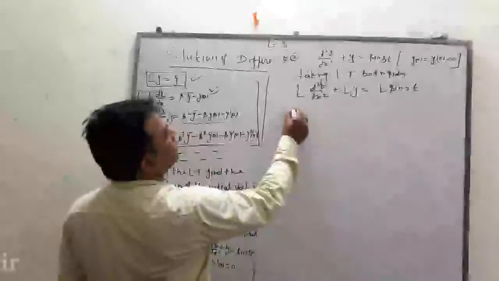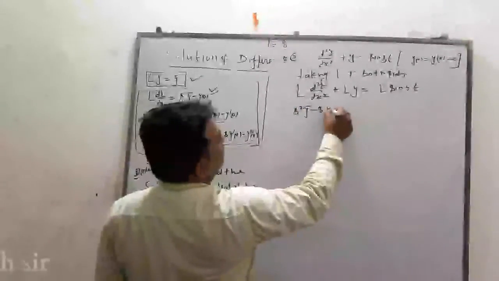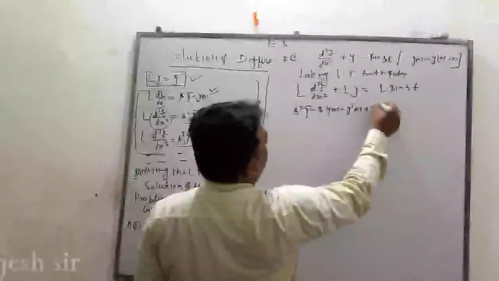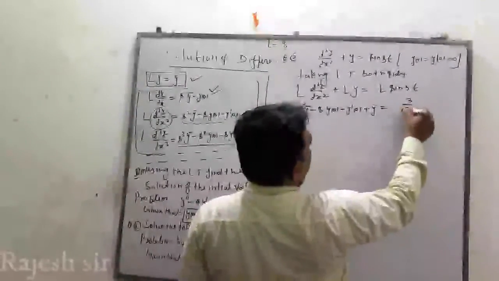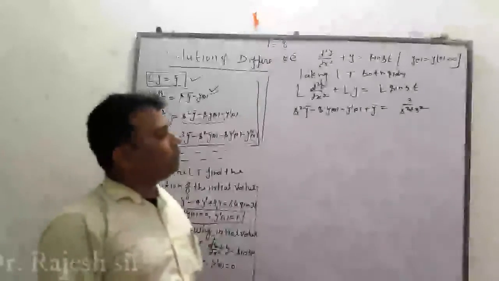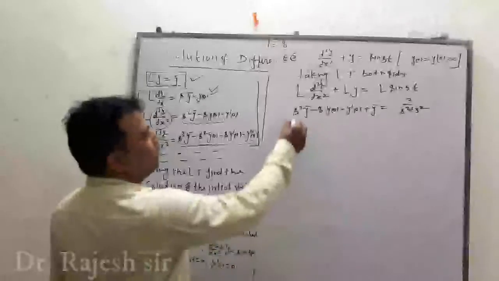Value of this: s square y bar minus s y0 minus y dash 0 plus y bar equals Laplace of this, 3 upon s square plus 3 square, that is a upon s square plus a square.